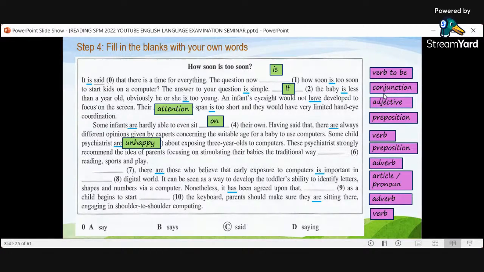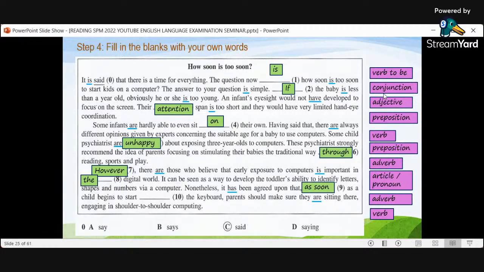Some child psychiatrists are unhappy about exposing 3-year-olds. They strongly recommend, because I see that they recommend something else, so I assume it's unhappy. And then the true reading, sports, and play. However, there are those who believe that early exposure to computers is important. This is to show the change of opinion in the digital world, right?